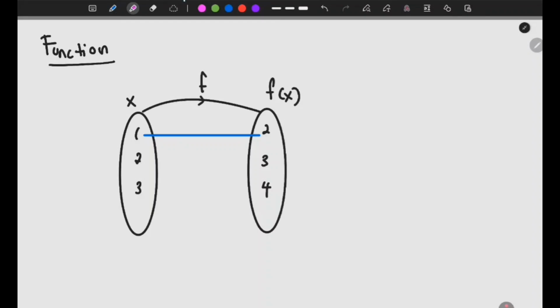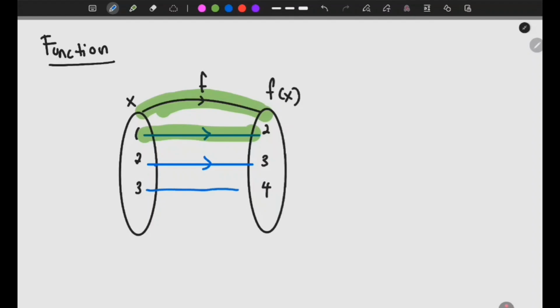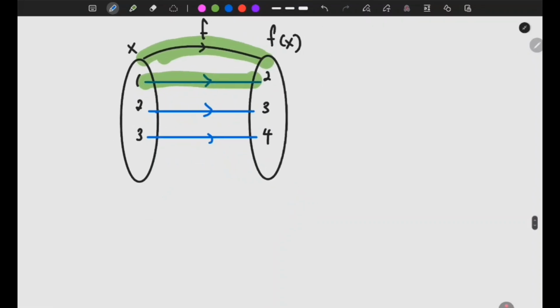Think of this f like a bridge. So when the 1 crosses the bridge, it becomes 2. Same, when x is 2, it crosses the bridge of f, it becomes 3. The 3 crosses the bridge f, becoming 4. Think the function is like a bridge.